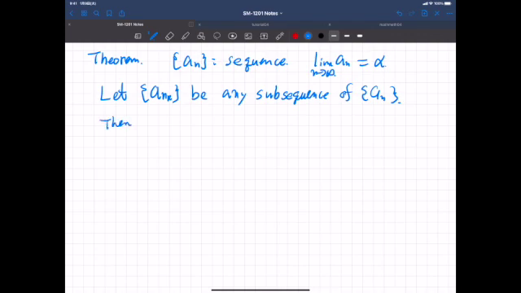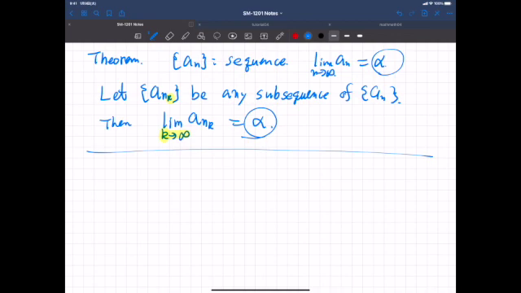Then this also converges to alpha. Look at how we take this limit. In this subsequence, the real index is k, so we take k to infinity. This should converge to the same value as the original sequence, the parent sequence, if you would like.